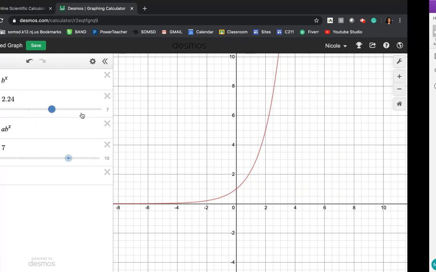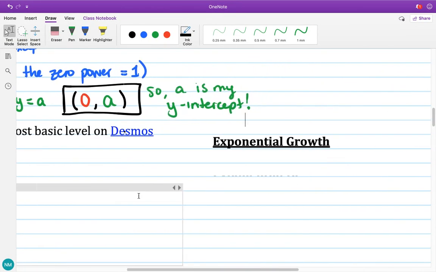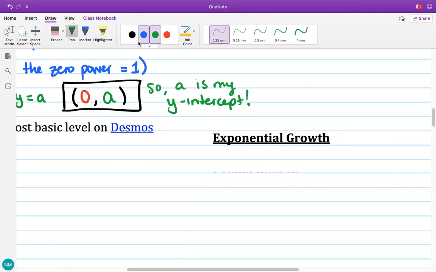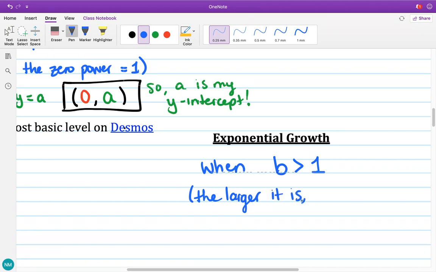So exponential growth is when b is greater than 1. And the larger it is, the quicker the growth.